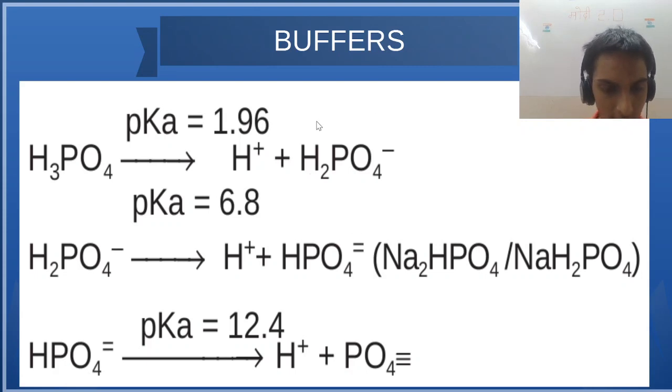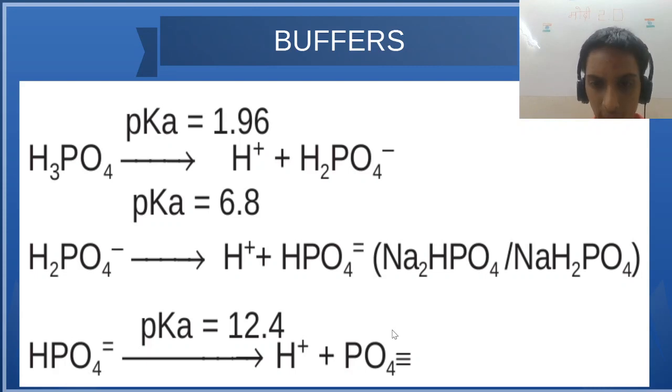Then the di will dissociate into mono, that is the monohydrogen phosphate, HPO4 minus. The monohydrogen phosphate breaks down into H plus and phosphate ion. Phosphate will have a charge of -3 here, here it is -2, here -1. See, the ionic charge is increasing, right?